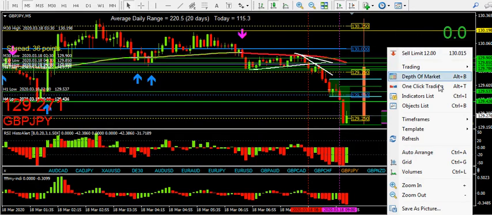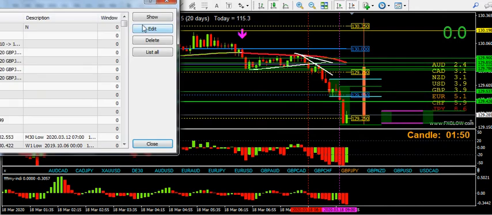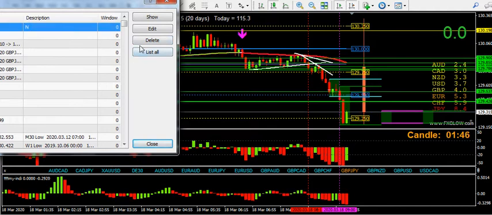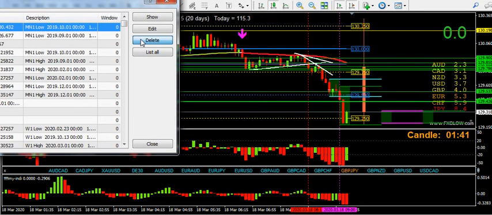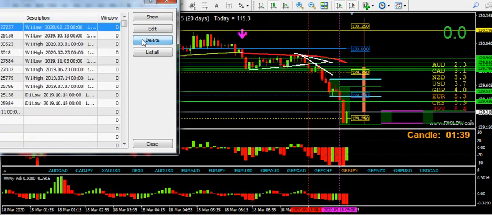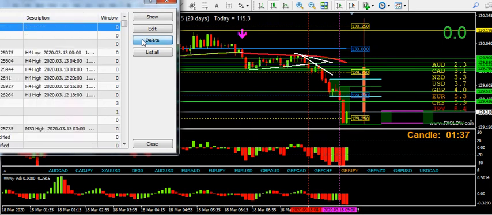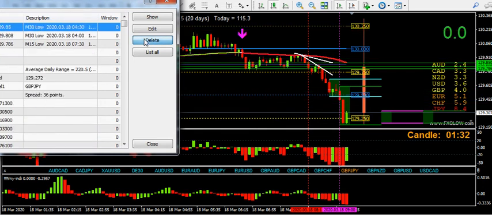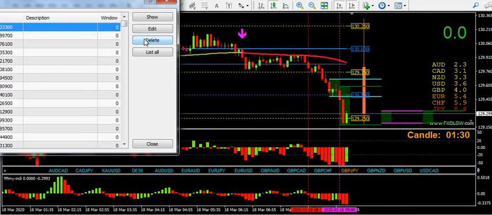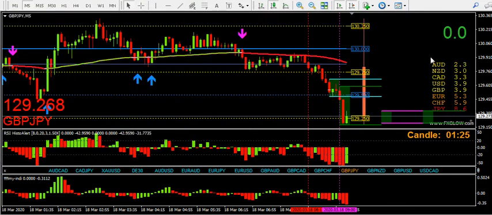So let's get rid of the objects on here, and then we can continue with my precise analysis. Right, that looks a bit cleaner.